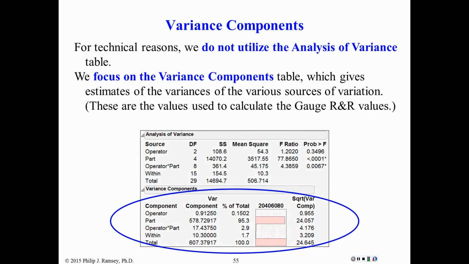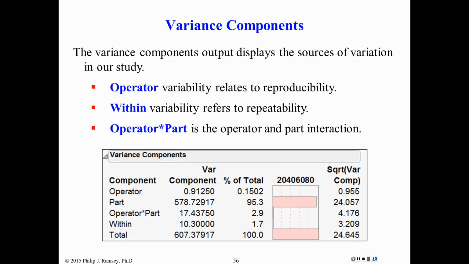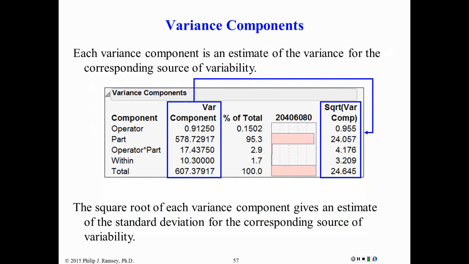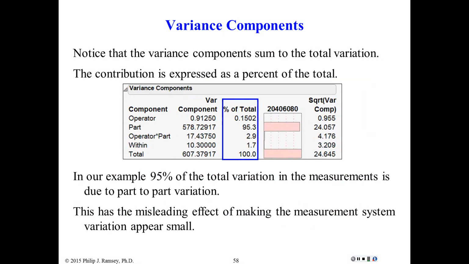There are actually a number of approaches, and it gets into some fairly esoteric theory that really isn't necessary at this level of discussion. So there are our variance components, the variances, and then the square root or standard deviations, and the percent of the total variation.